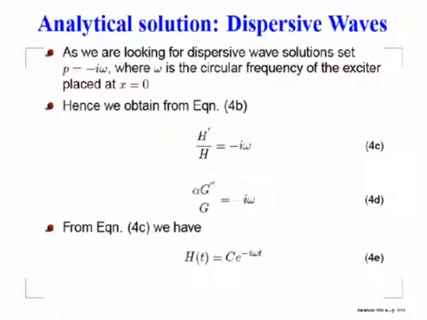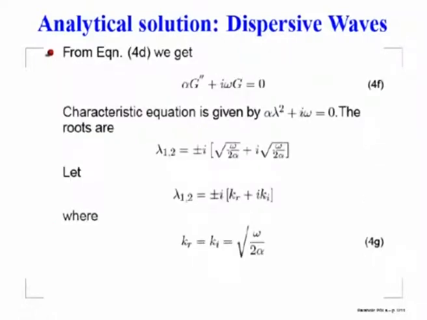You then substitute that constant here, and this is the space dependent part. Look at the characteristic equation: that will give you alpha lambda square plus i omega, and you solve it, you get two parts, a real part and an imaginary part.